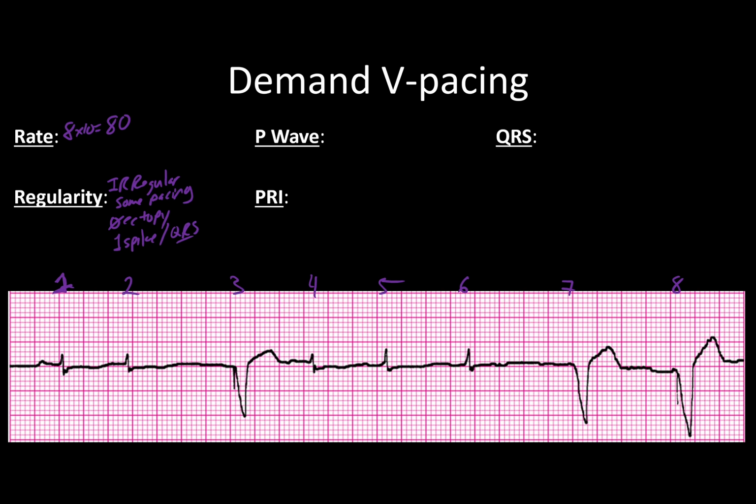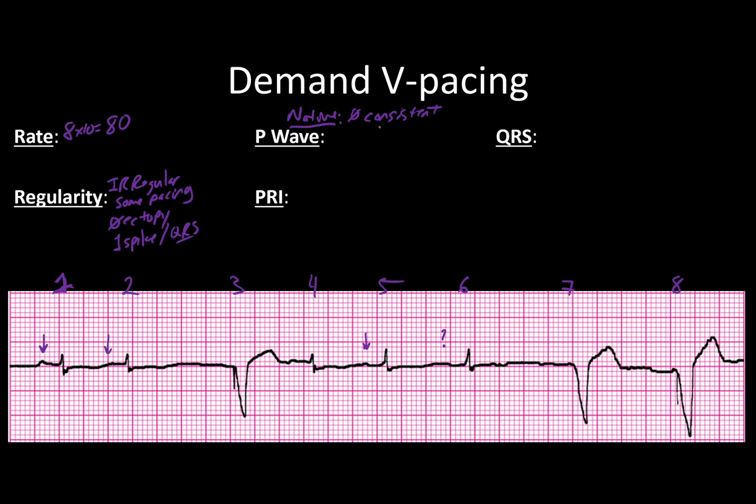The P waves. Do we really have any native P waves that we can make out? Nothing very clean. Right here in beat number 1, that looks like a P wave, but we don't have much for beat number 2, kind of for beat number 3, not really for beat number 5, not really. 6 doesn't have much, so I'm going to go ahead and say that we don't have anything consistent, and that we're not going to be able to get much out of that.